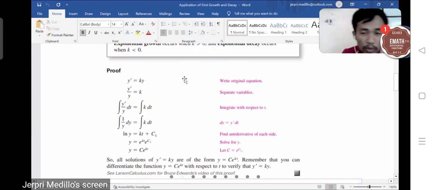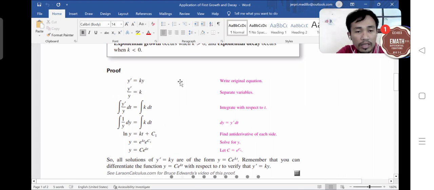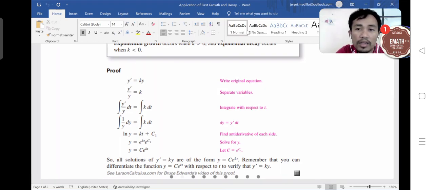To prove that formula, we know that y prime is equal to ky, then we use separation of variables, so we separate the same variables.